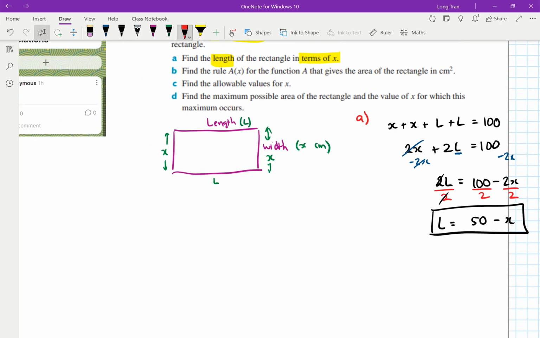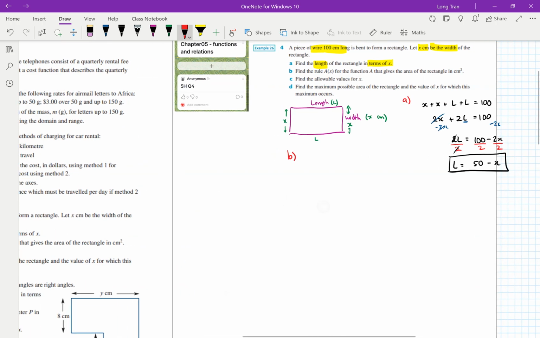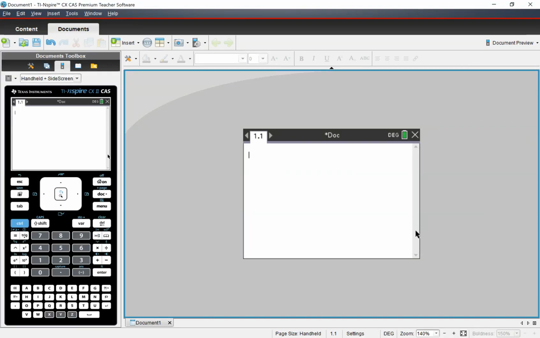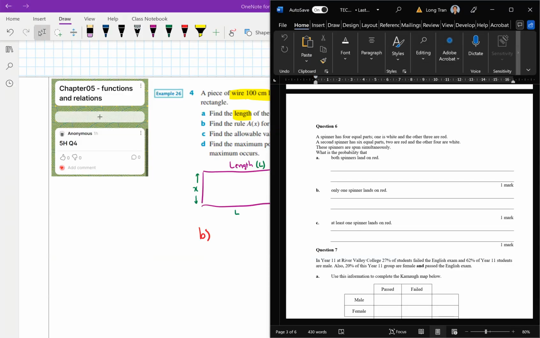In part B, note that when it comes to these exercises, 5H, in this case an application type problem, you are allowed to use a calculator. So I'd probably start off with my calculator by defining the function.